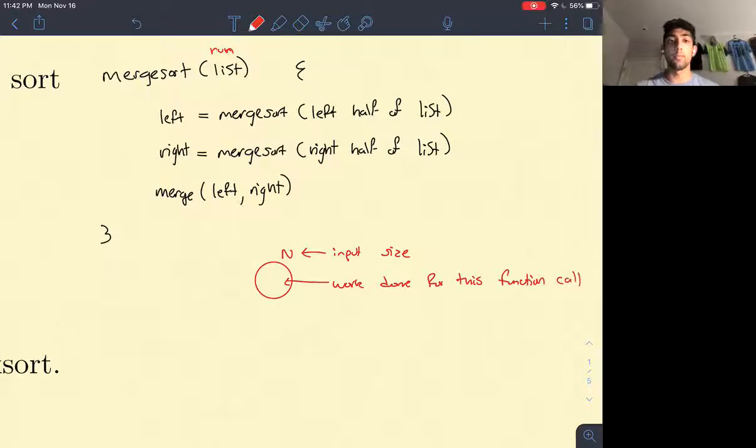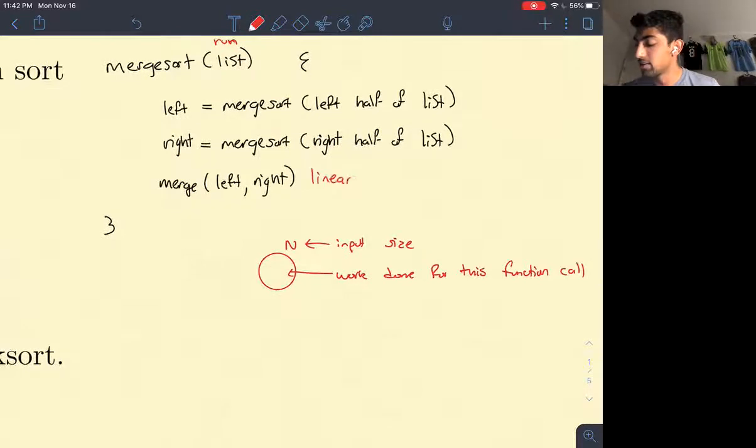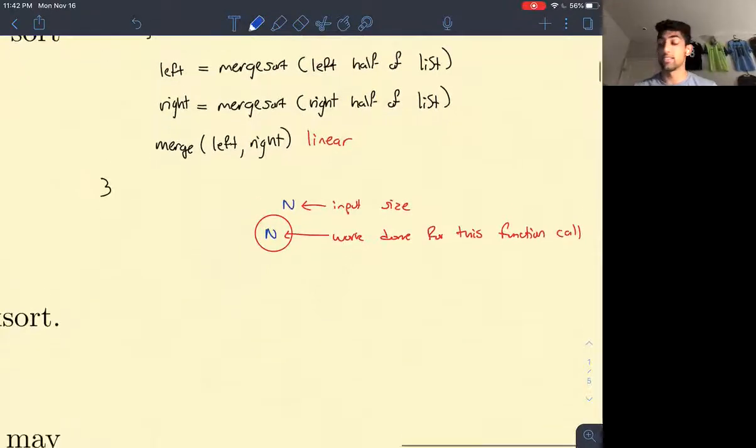The first time we call merge sort, we have 2 recursive calls, and then we merge the left and right together. The merging operation is linear, so the work done for this function call is n.